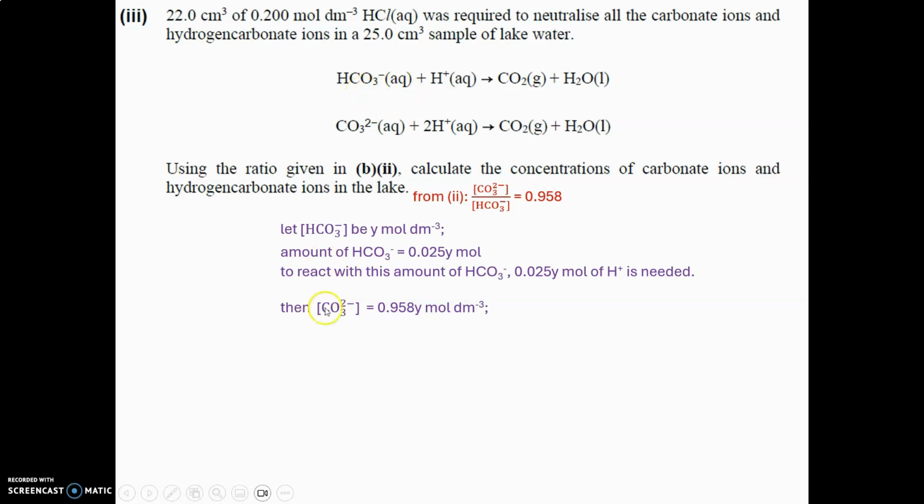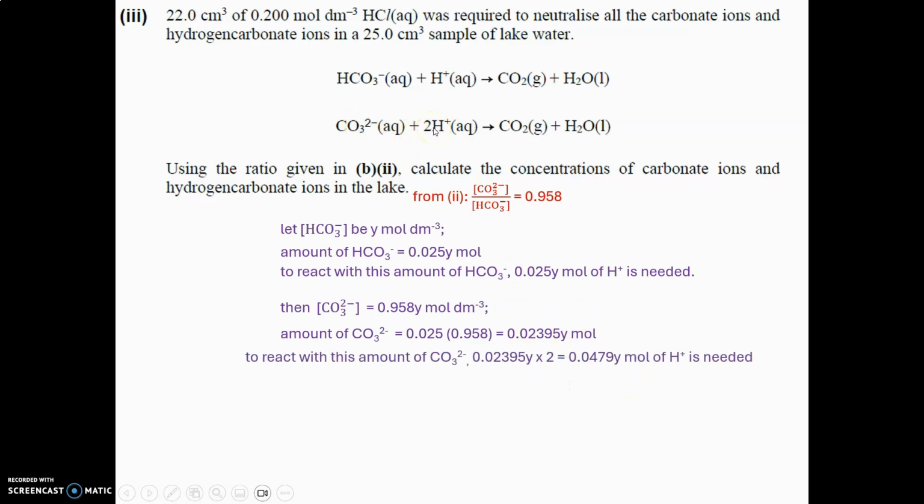Secondly, our concentration of carbonate ions is 0.958 Y mole per dm cube. So the amount again will be volume multiplied by concentration, which is this amount of carbonate ions. And this amount of carbonate ions reacts with hydrogen ions in a 1:2 stoichiometry.